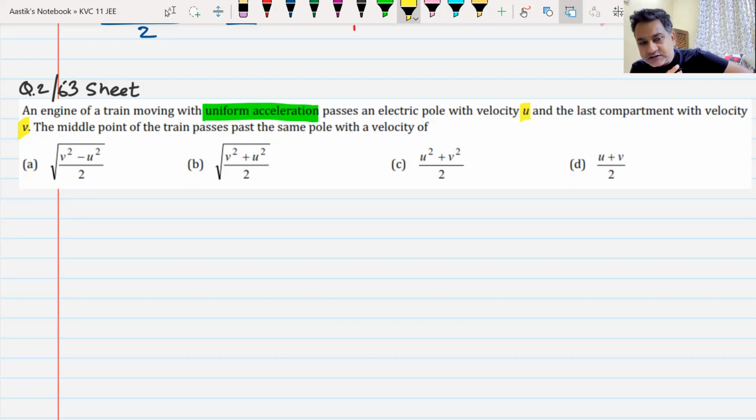With what velocity the middle point of the train passes the same pole? Does this question remind you of something? Midpoint. I'll give you 2 minutes to solve it.